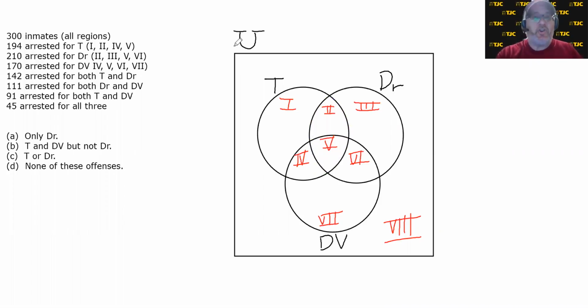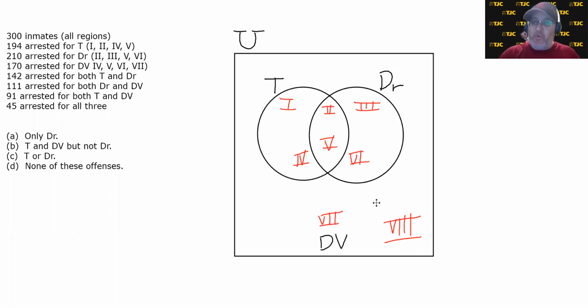But if you're still not sure why theft and drugs is regions 2 and 5, since it's not mentioning domestic violence, let's remove the domestic violence circle just for a moment. Which regions represent the intersection of the ones arrested for theft and the ones arrested for drug offenses?